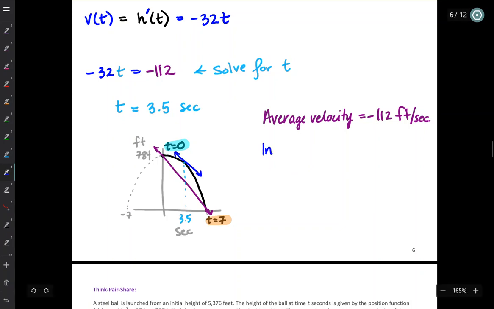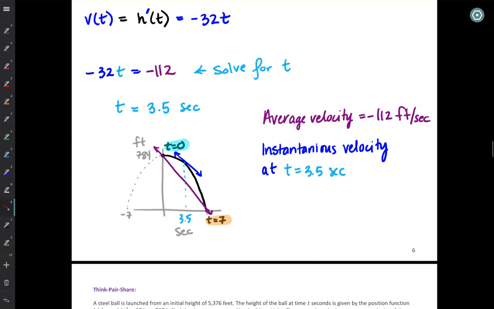The instantaneous velocity at t equals 3.5 seconds is also minus 112 feet per second.